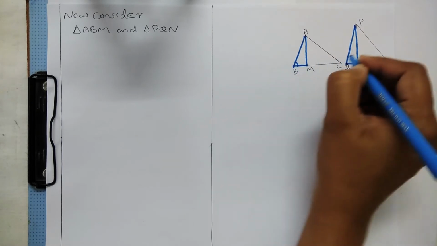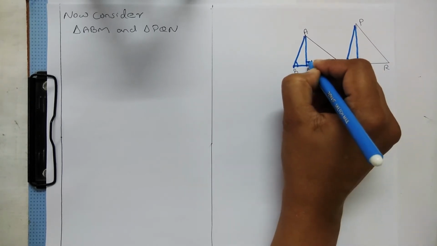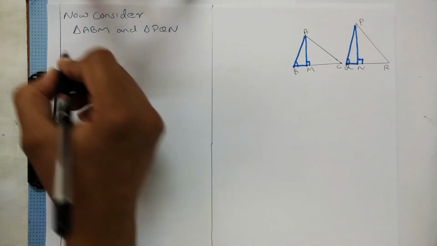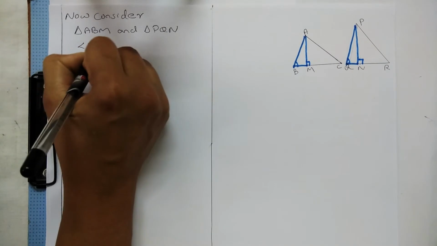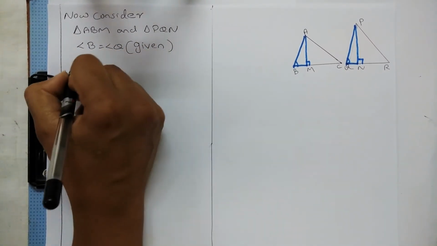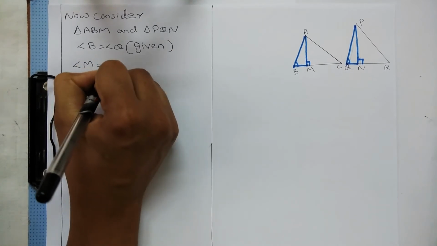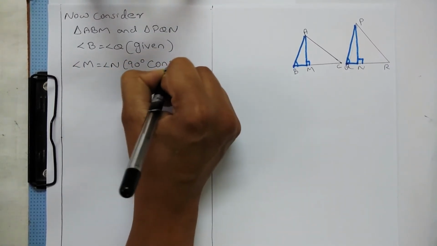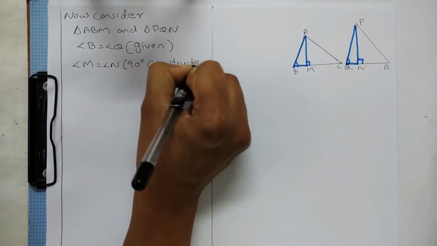See here, angle B is equal to angle Q and angle M is equal to angle N. So by AA similarity criterion we can tell that the two triangles are similar. Angle B is equal to angle Q, given, and angle M is equal to angle N, it is 90 degrees by construction.